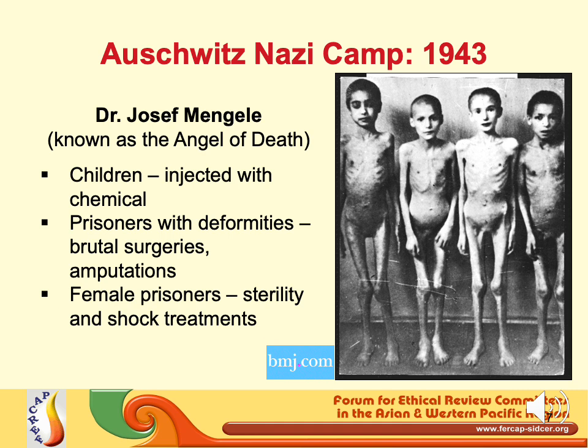And he performed many experiments on children, injecting them with chemicals, and also experiments on prisoners with deformities, making them undergo brutal surgeries and amputations, and experimenting on female prisoners by making use of sterility pills and shockwave treatments in order to find out what was going to happen to them.